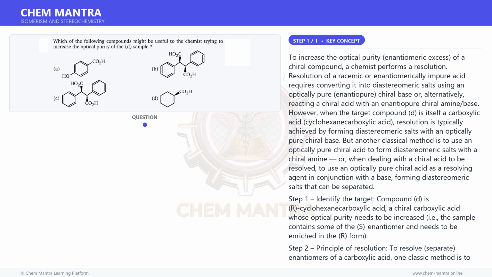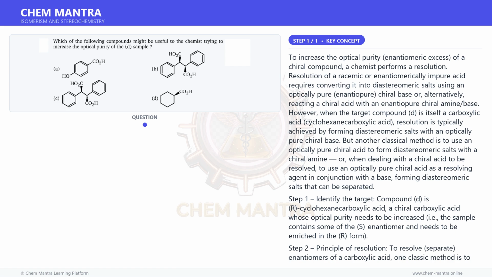More directly, an enantiomerically pure chiral acid like R,R-diphenylsuccinic acid is a known classical resolving agent. It is chiral and optically pure, making it suitable to form diastereomeric derivatives, for example, diastereomeric salts if the cyclohexanecarboxylic acid is first converted to its amine, or diastereomeric esters, that allow separation and thus increase optical purity.